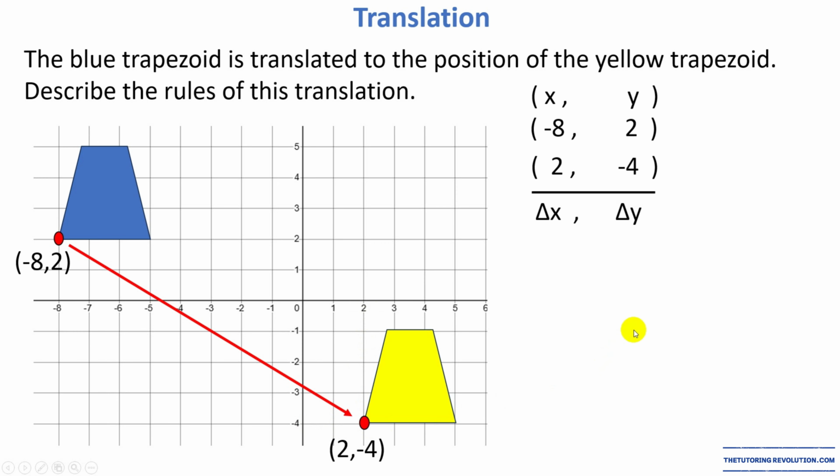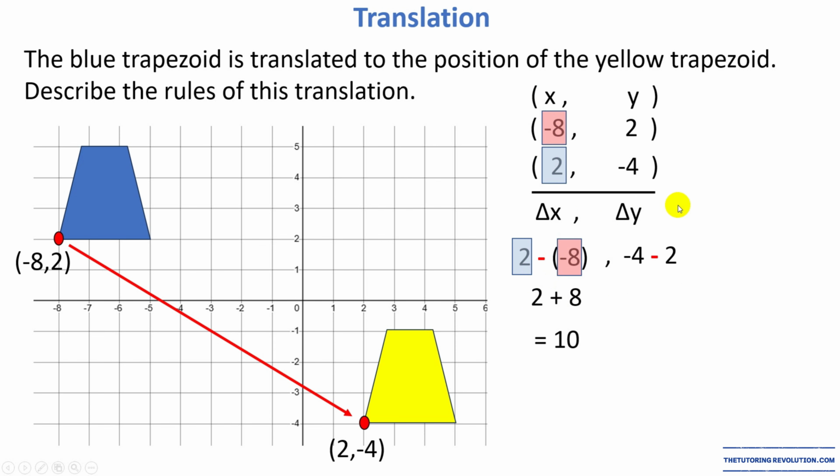We're going to find the difference between these two x's and the difference between these two y's. So we're going to say 2 minus negative 8 is the difference between these two x's. 2 minus negative 8 is the same as 2 plus 8, which is 10.